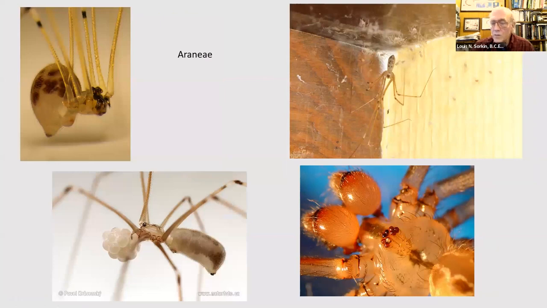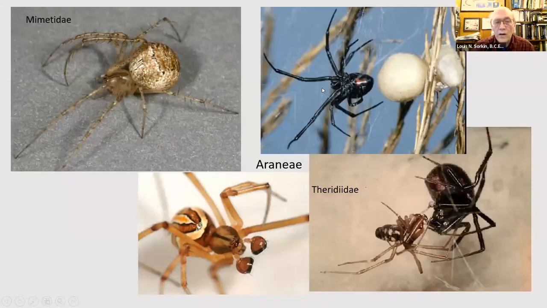And just other spiders, we have pholcid spiders. You can see the male spider has modified pedipalps for transferring sperm. Widow spiders, other theridiid spiders, a mimetid spider. This one feeds on other spiders, and it has modified setae, large setae intermixed with small setae, for grasping on the front legs.